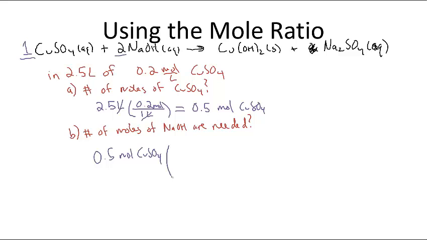So really what I'm doing, because it's just a ratio, for every 1 mole of copper sulfate, I need 2 moles of sodium hydroxide. Well, I have 0.5 moles of copper sulfate, so that means I need 1 mole of sodium hydroxide.